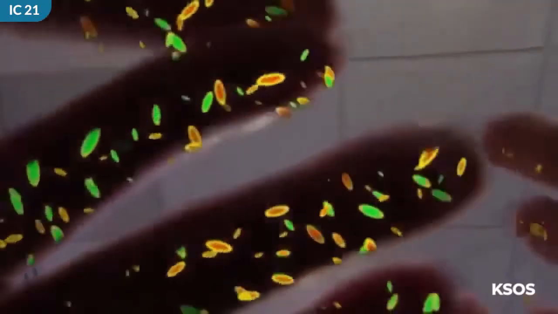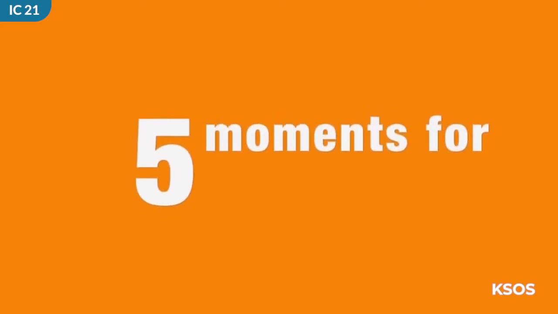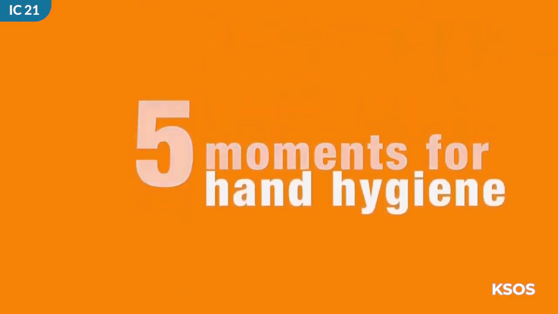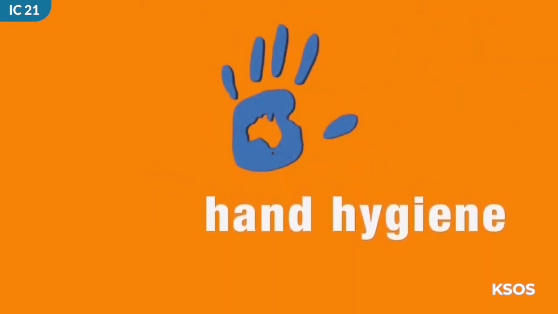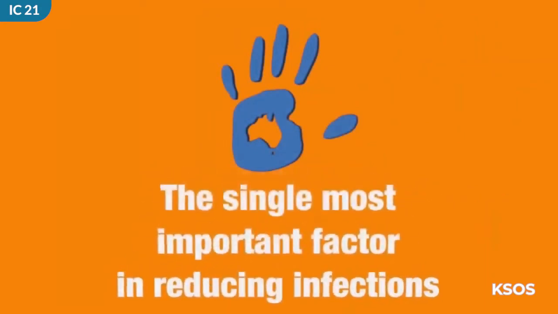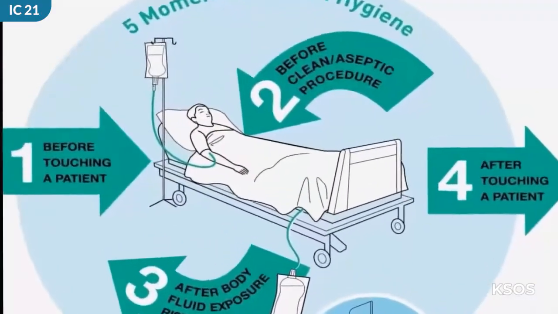So it's very important that you do hand hygiene, as 99% of hospital infection is through the hand. The WHO has recommended 5 moments for hand hygiene, and this is the single most important factor in reducing infection. As I told you earlier, 95 to 99% of the infection occurs through the hand.